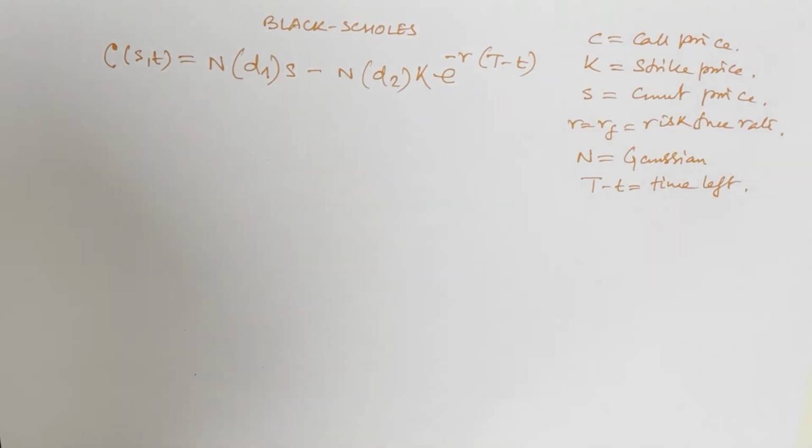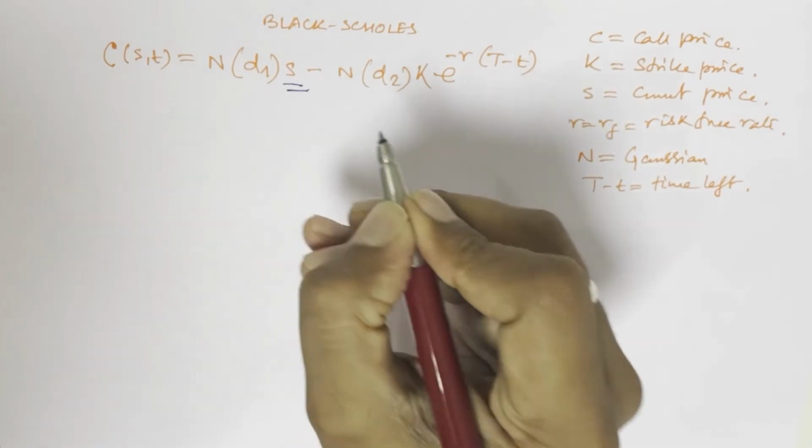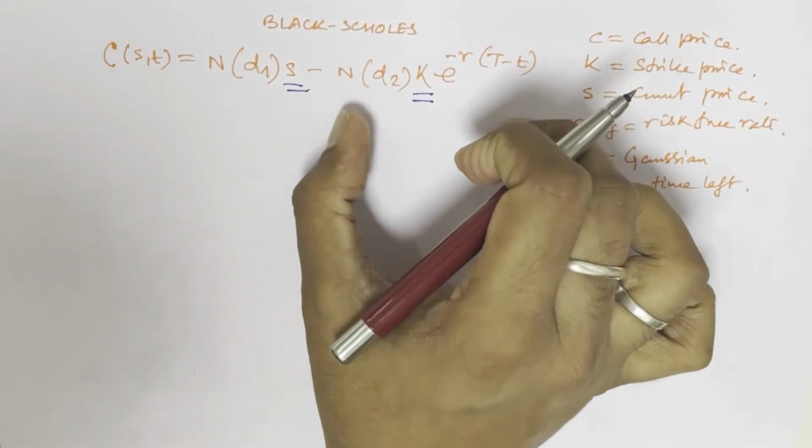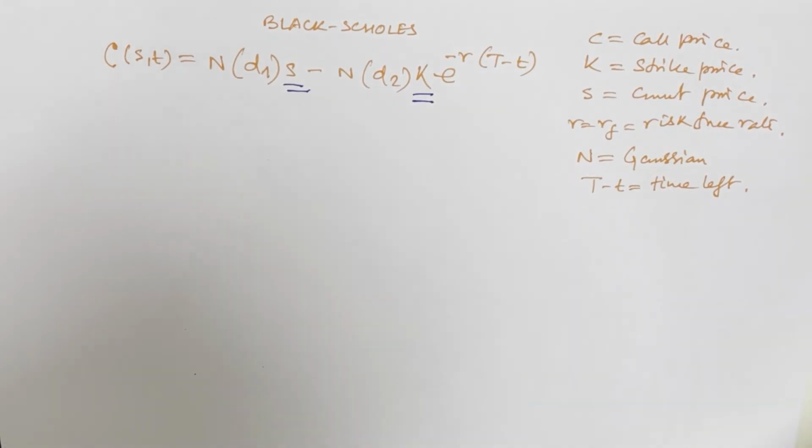Now this S is at present and K is at future. You have to understand these two parts. This S part is present, and this K part is at future. So this second term is kind of bringing the calculation from future to present, something like a DCF. All of you know DCF, discounted cash flow.